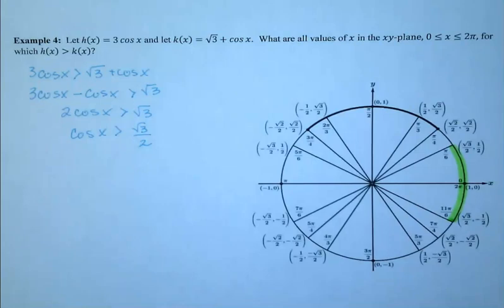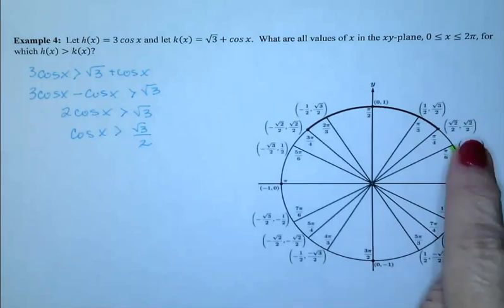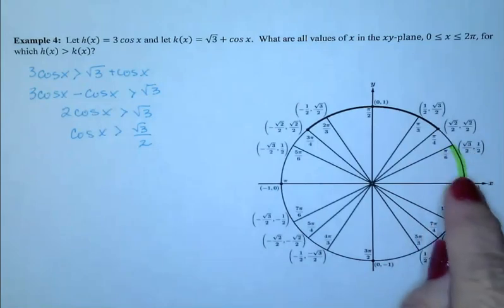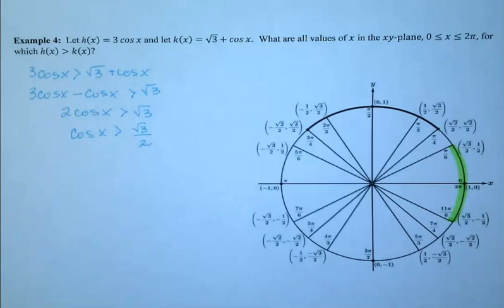I can't really give this as a single inequality, however, because I have that 0 right there in the middle. So I can't just say it goes from 11 pi over 6 to pi over 6 or pi over 6 to 11 pi over 6. If I say pi over 6 to 11 pi over 6, I'm talking about all of this. And if I say from 11 pi over 6 up, then I'm also including that 0 and possibly the 2 pi.